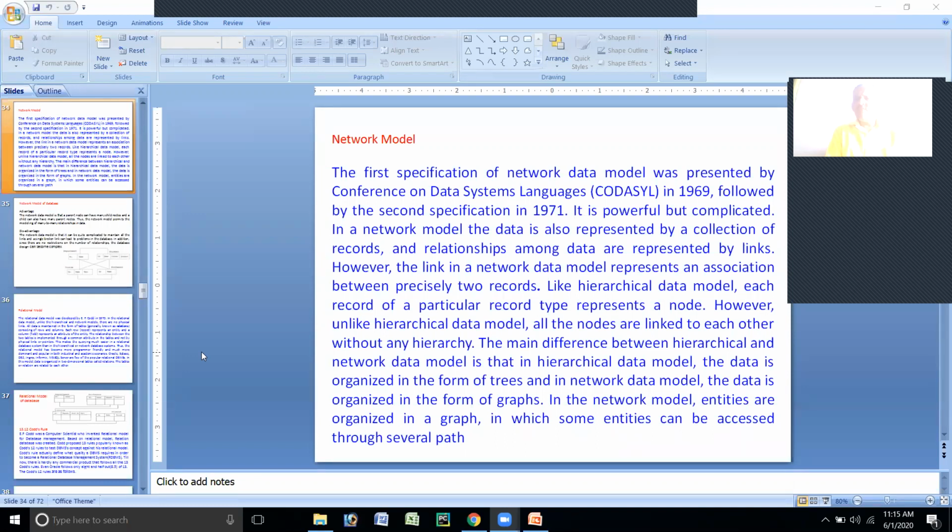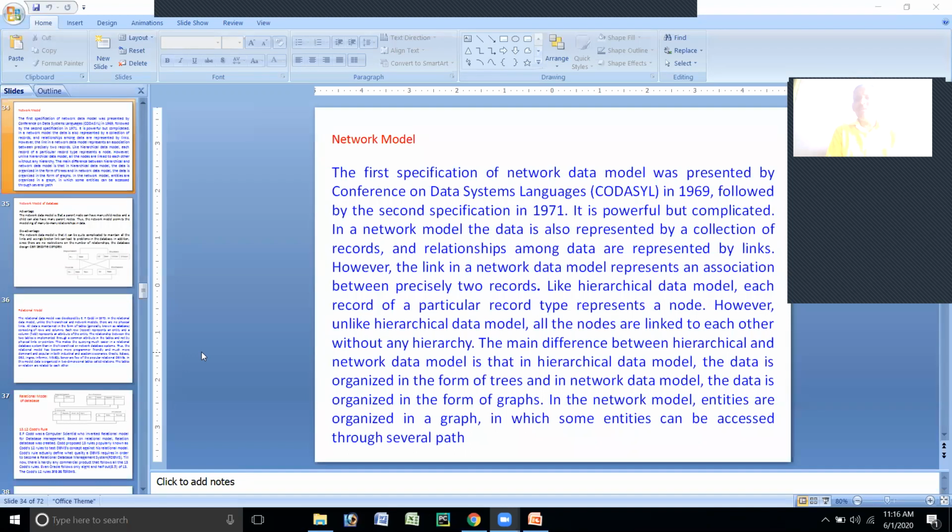The main difference between the hierarchical and network model is that in the hierarchical data model, the data is organized in the form of trees, and in the network data model, the data is organized in the form of graphs.